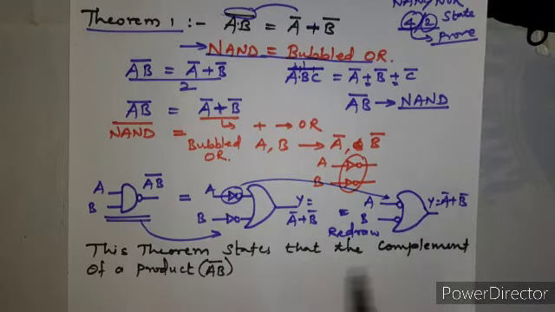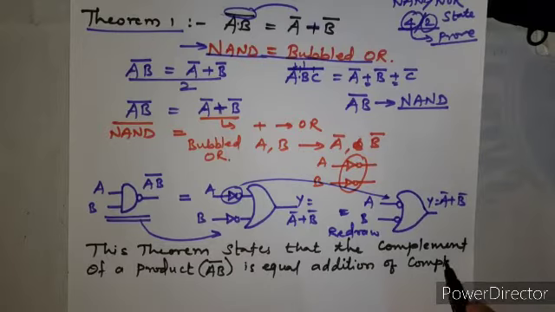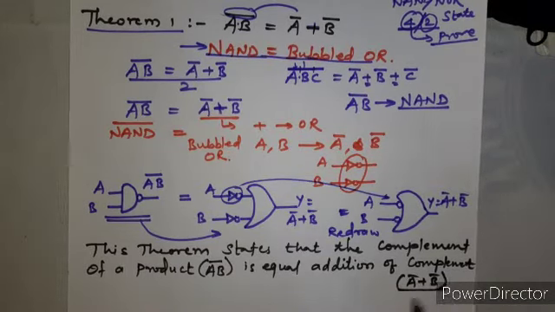This theorem states that the complement of a product is equal to the addition of complements, which is A bar plus B bar, that is the addition of these complements.